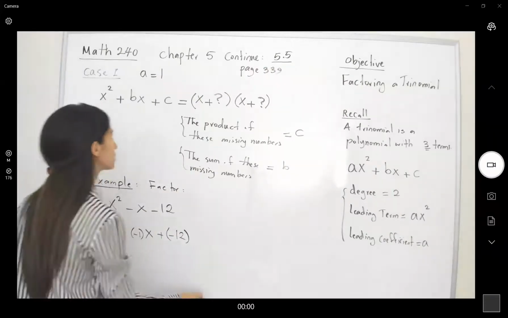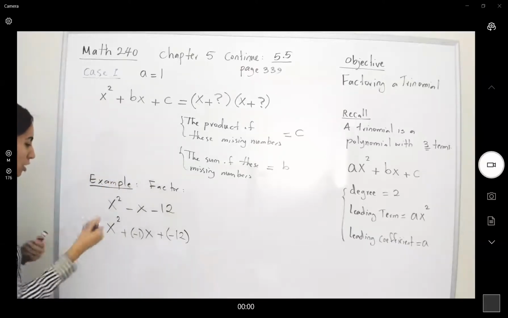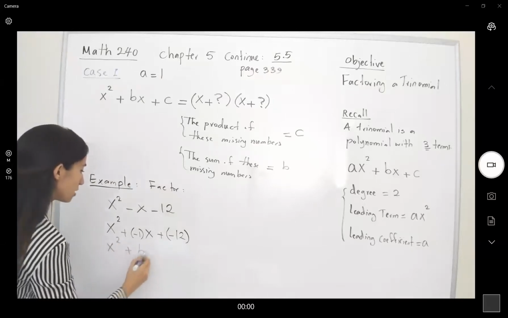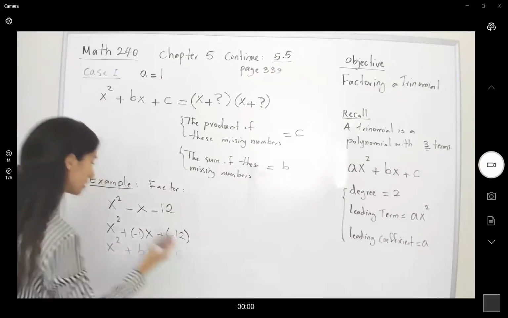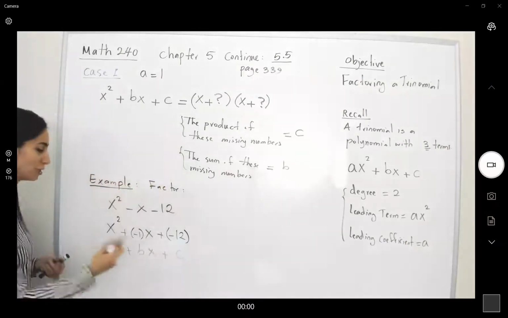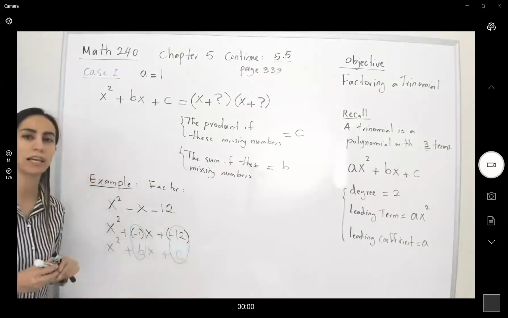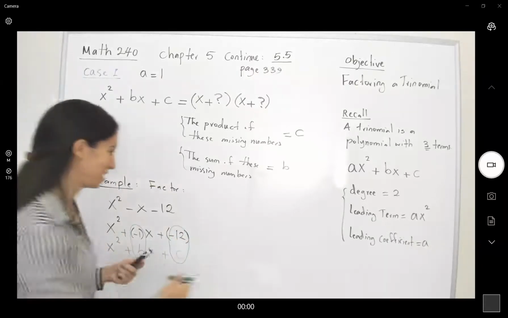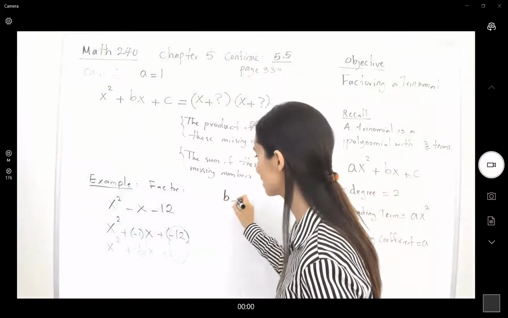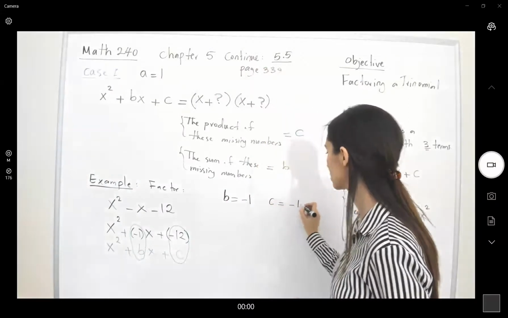Compare this with the trinomial written in general form: x squared plus bx plus c. So what is our b? B is -1. What is our c? C is -12. Well, b is equal to -1 and c is equal to -12.